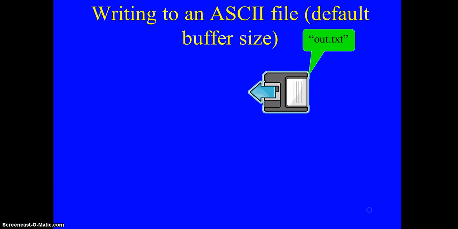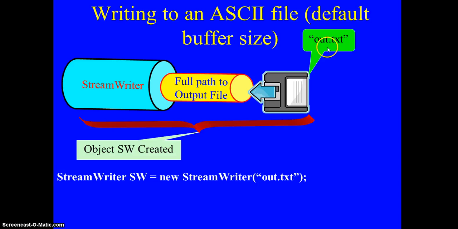So imagine your output file will be out.txt. So we pass the full path to that to the StreamWriter class constructor. And the way this object SW is created, we say StreamWriter SW equal to new StreamWriter out.txt. Okay.